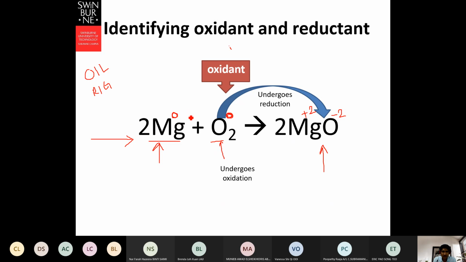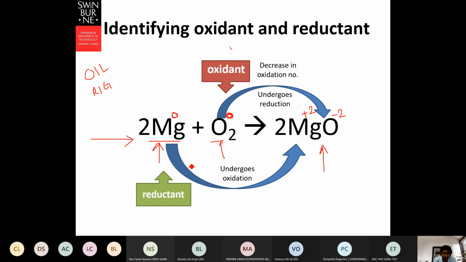Oxidant, it undergoes reduction. But in this case, magnesium undergoes oxidation, so it is a reductant. Magnesium caused oxygen to gain electrons, that means to undergo reduction, and oxygen caused magnesium to lose electrons, so to undergo oxidation. That is why oxygen is an oxidant and magnesium is a reductant. Is this okay? Hopefully.